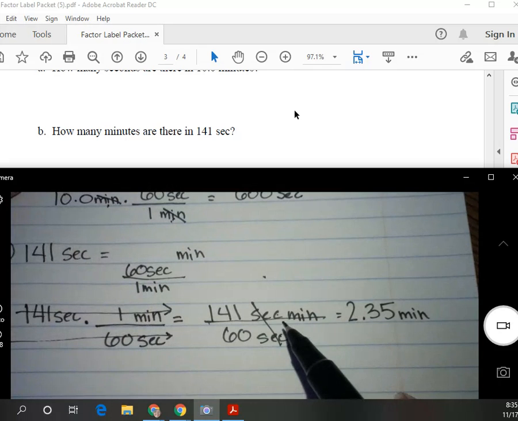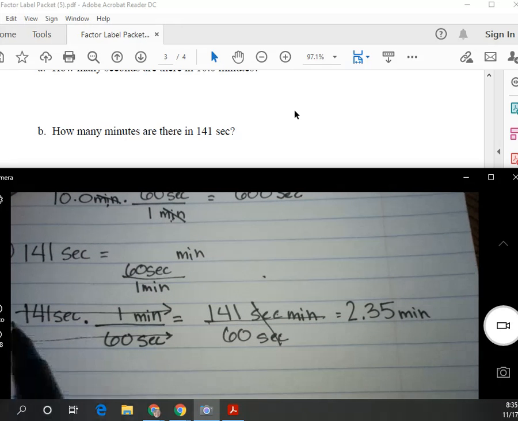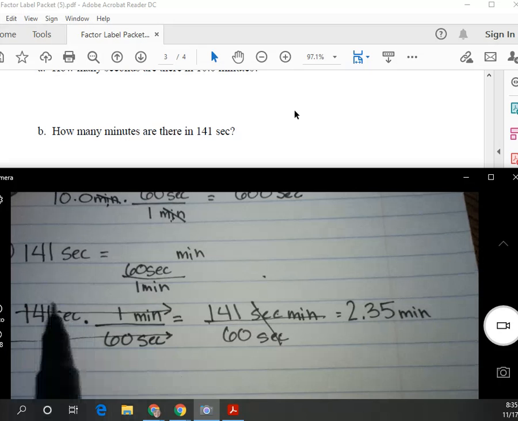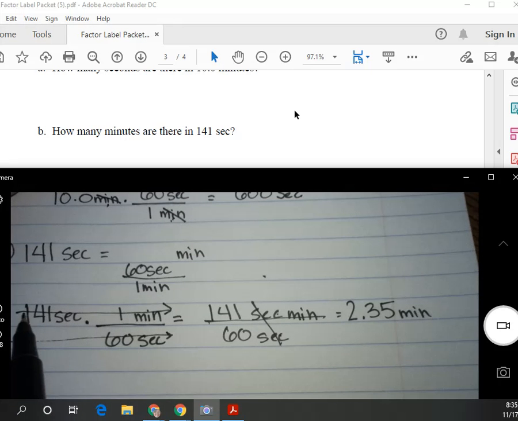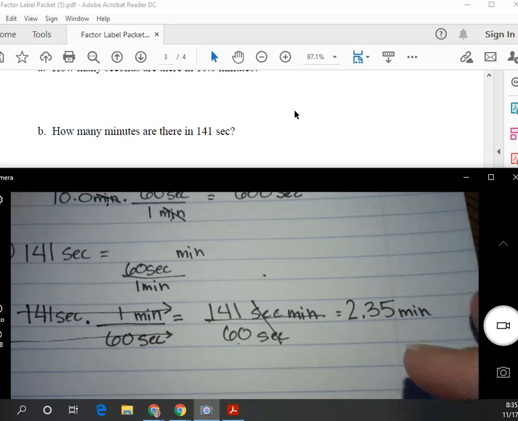So you already knew that you had to divide, but what you're really doing in your head is multiplying by 1 and then dividing. All right. Give me a thumbs up if that kind of makes sense.